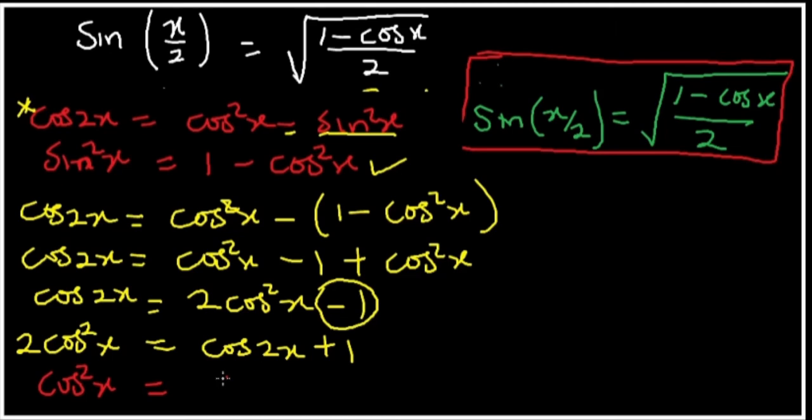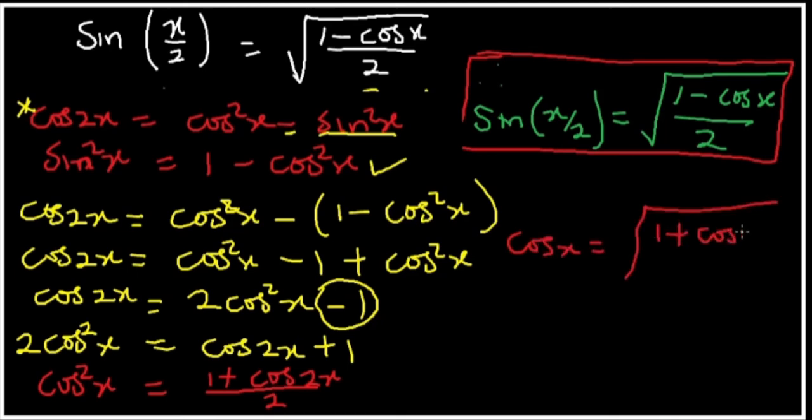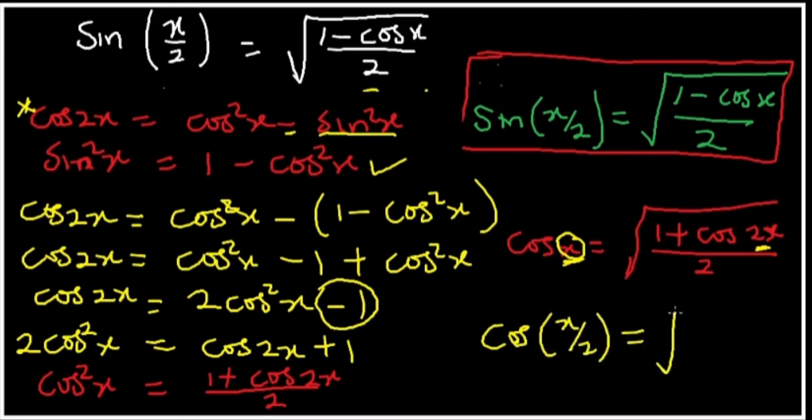Can you see that now? So find the square root of both sides. That will be cos x is equal to the square root of 1 plus cos 2x over 2, which means that whatever that is here is half of this, because this one is twice this one. So that means my cos of half angle will be what? Square root of 1 plus cos x over 2.